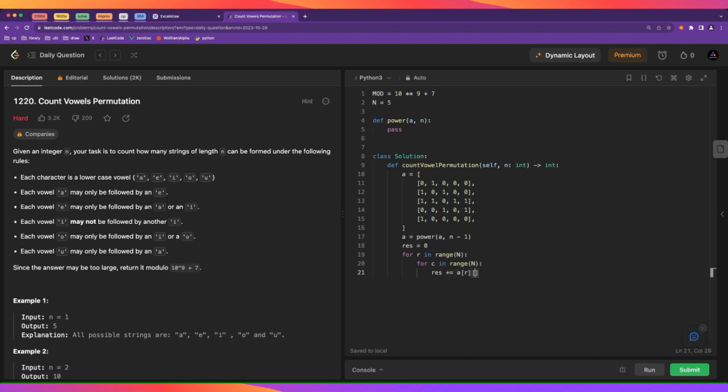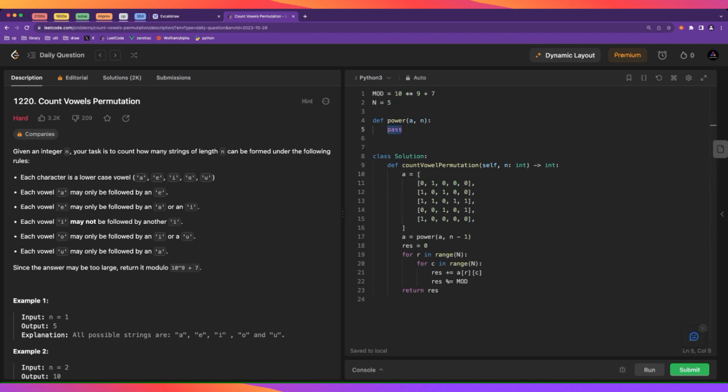So here we're going to have all the paths from R to C, and we have to make sure that we mod it. So that is essentially the code there.